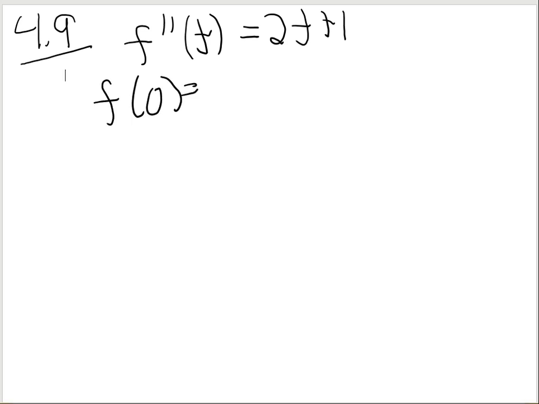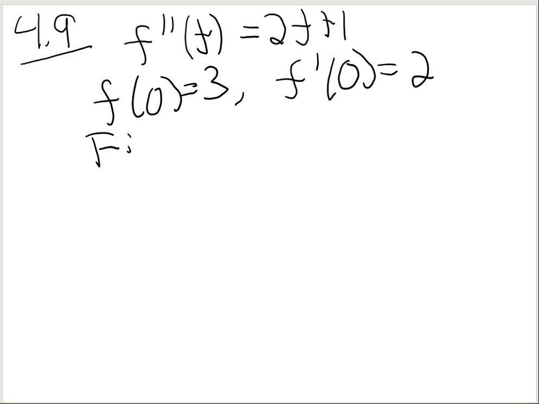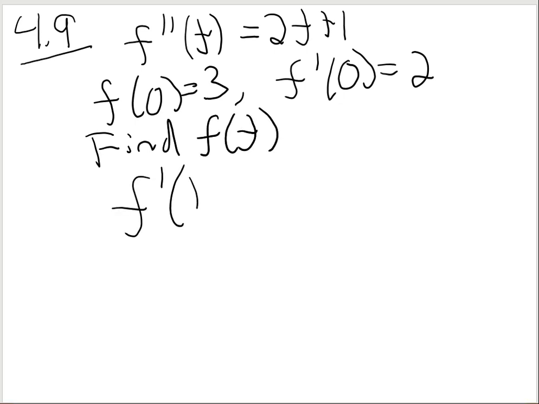So let's do an example to just show. Let's say f double prime of t is 2t plus 1. And we have the conditions f of 0 is 3, and f prime of 0 is 2, and it says find f of t. Well, we take the first antiderivative.